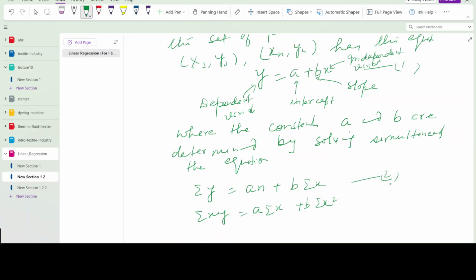Let us call it equation 2, and these two equations are known as normal equations.